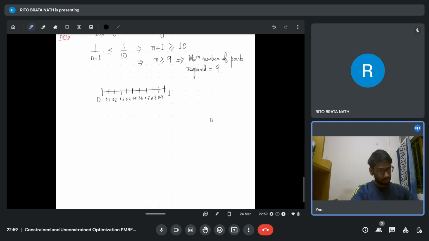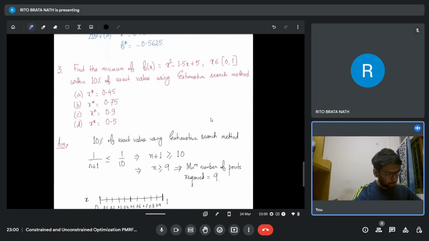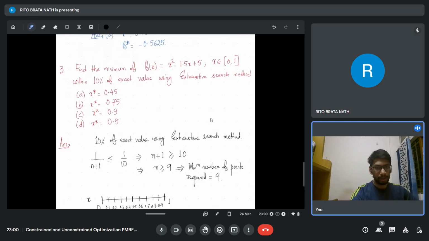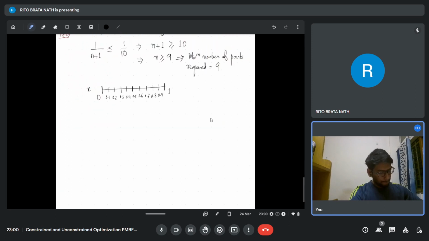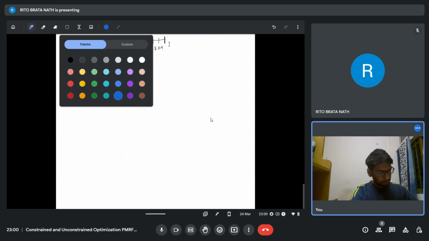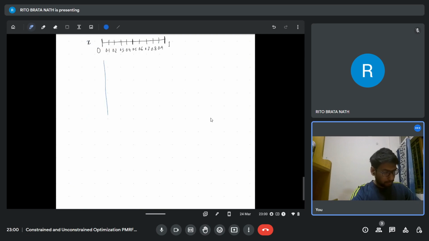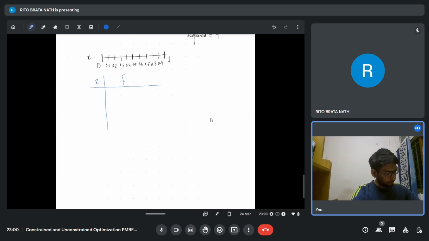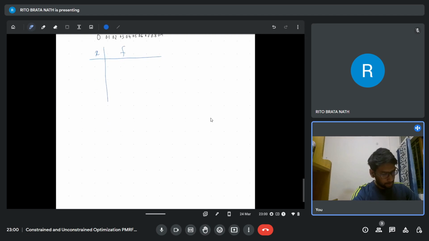At all these points, where this is your x, you have to evaluate your f values, which is your function. Your function is x square minus 1.5x plus 5. So let me create a table. These are your x values and these are your f values. You can also find them at the 0 and 1 points as well.